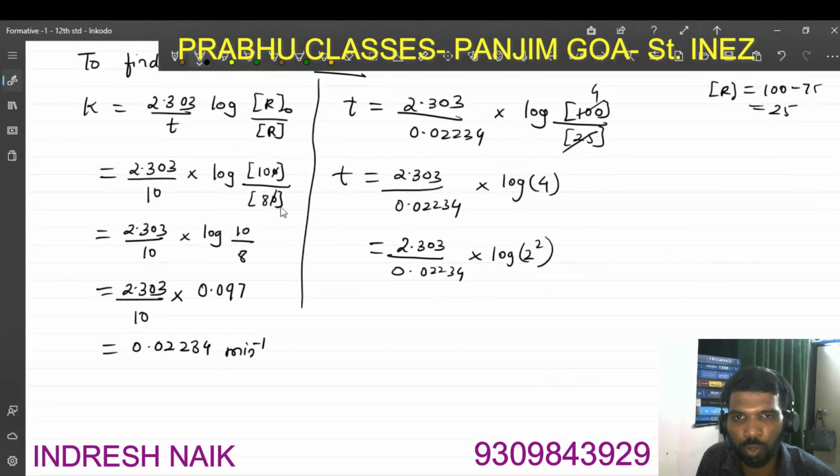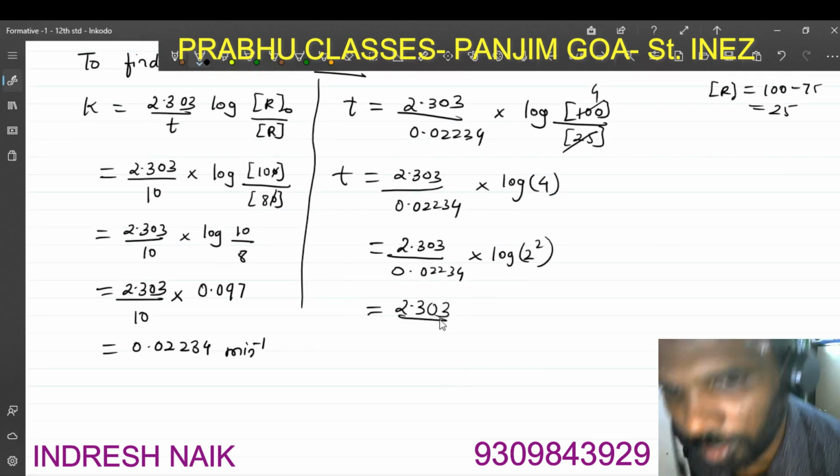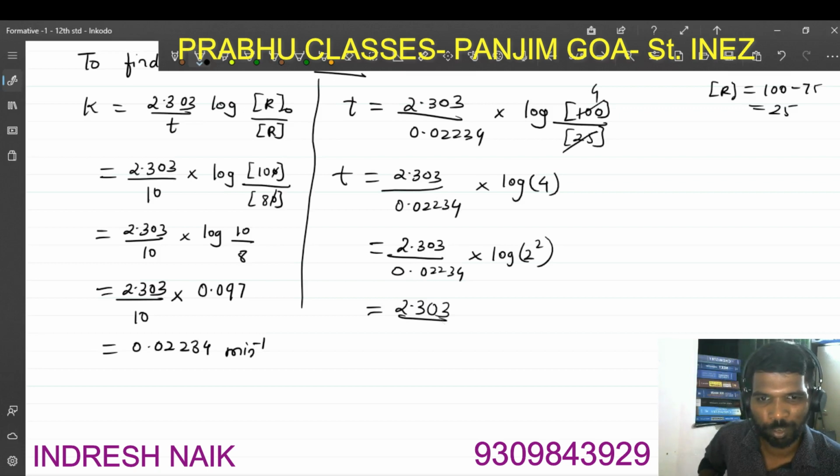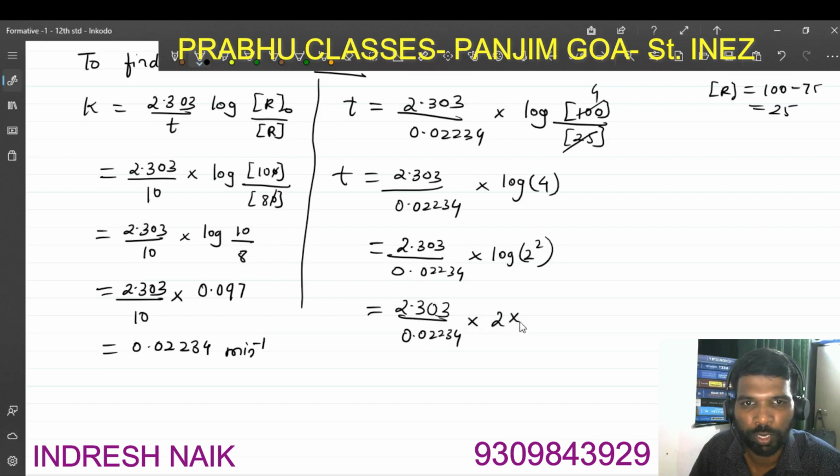So this is 2.303 divided by 0.02234 into 2 into log 2, right? From the logarithmic identities, it is this way. Log of 2, very easy.